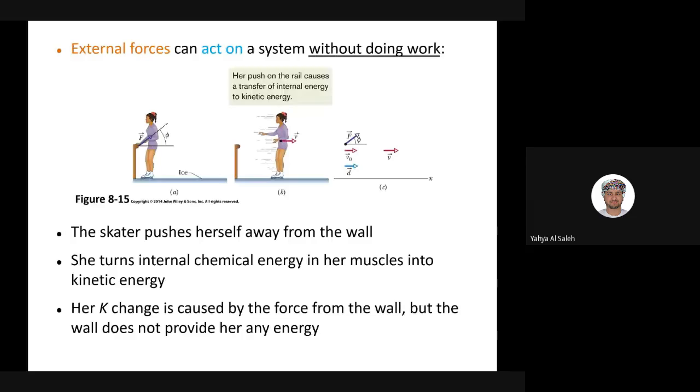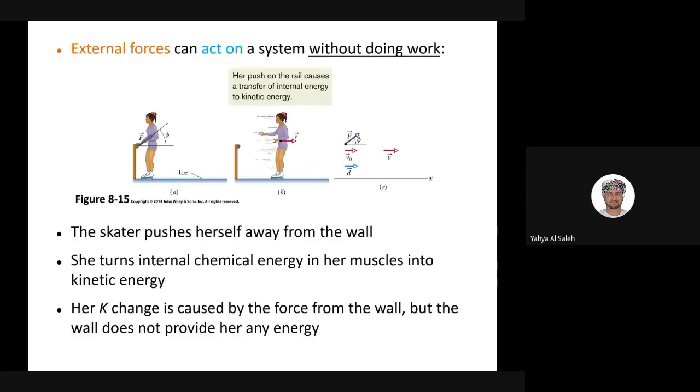Okay, so this person pushes on the wall and moves backward. Now if I ask you, what is the force that causes her to move? What would your answer be? Her energy. Not energy, what force? Push. Push of the wall on her body, right? Newton's third law.